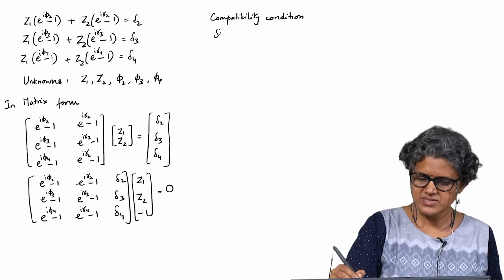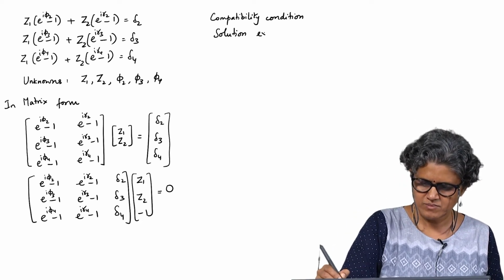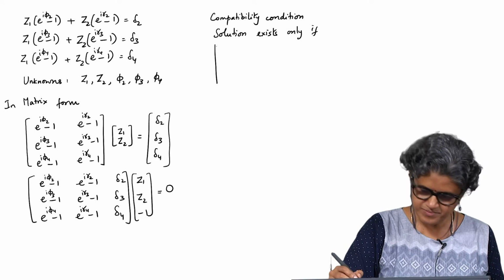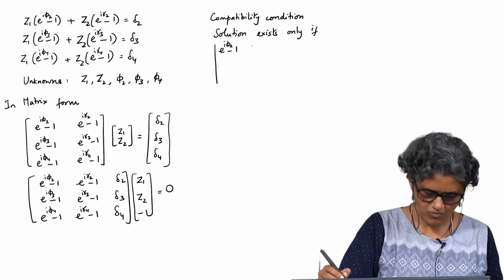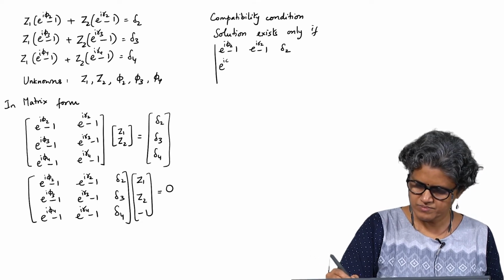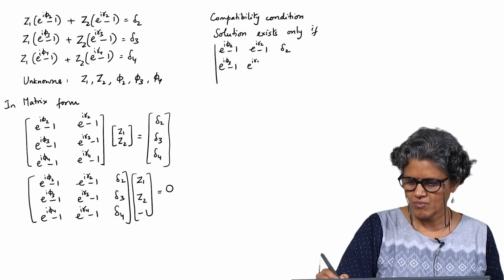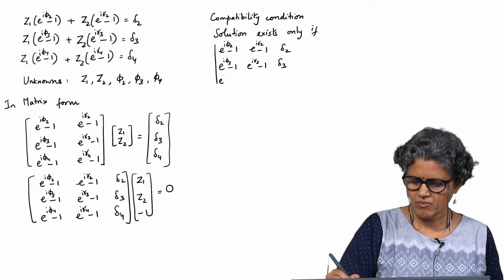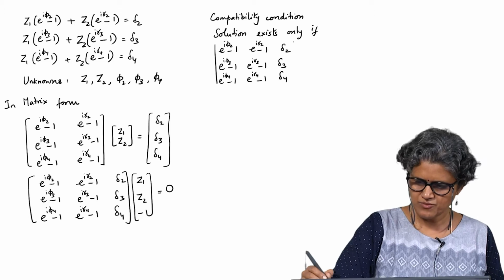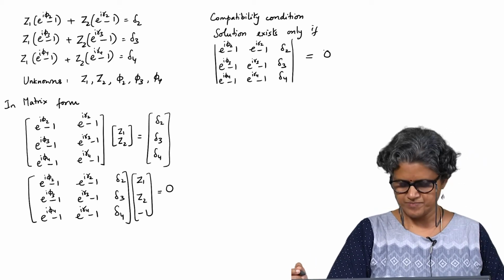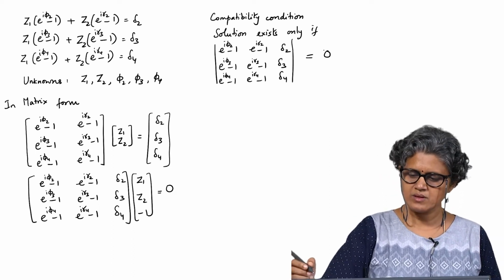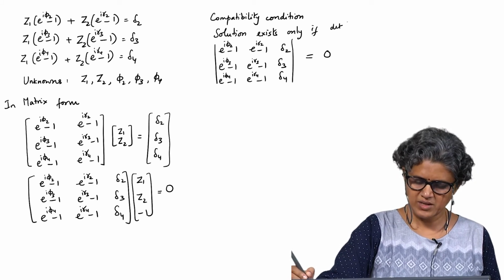So, the solution to that exists only if this determinant minus 1 e power i gamma 4 minus 1 delta 4 equal to 0. So, this is the determinant of that matrix.